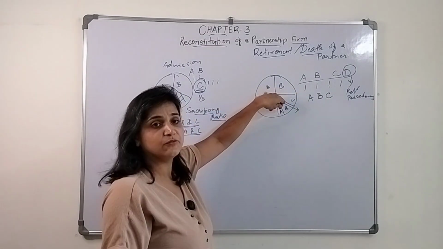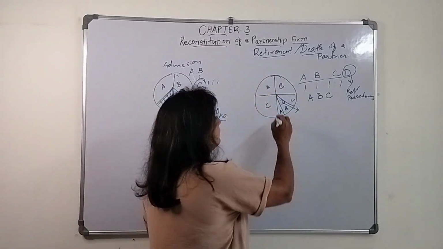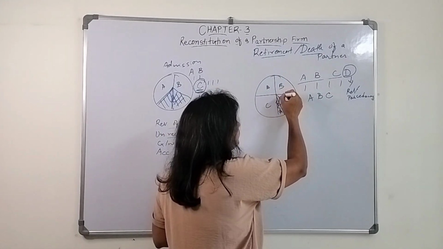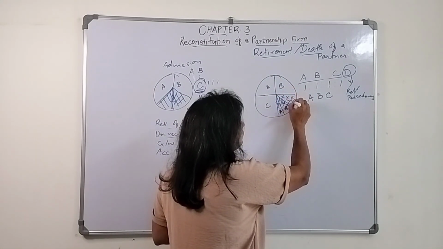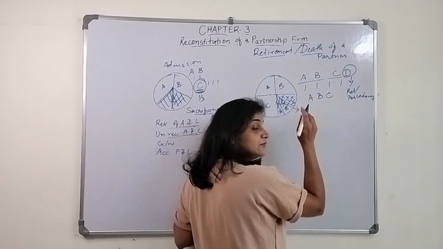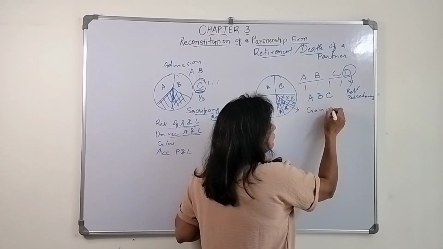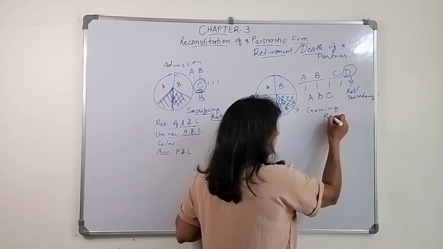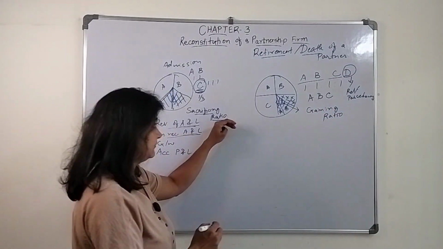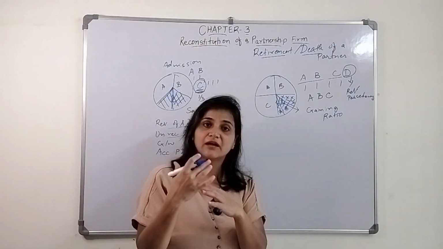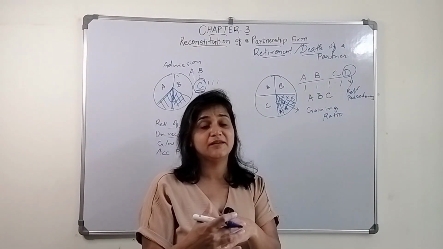They were getting this much of the profit. Now A will get this much more profit, B will get this much more, and C will get this much more. So here they will gain. So what do we need to identify over here? The gaining ratio.